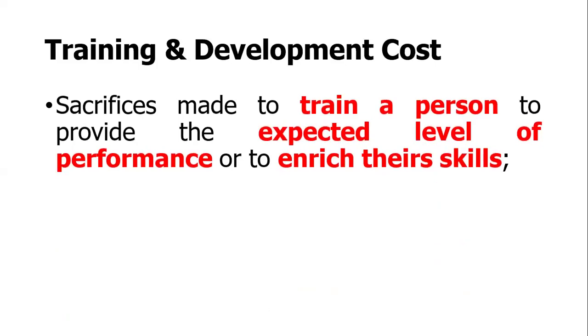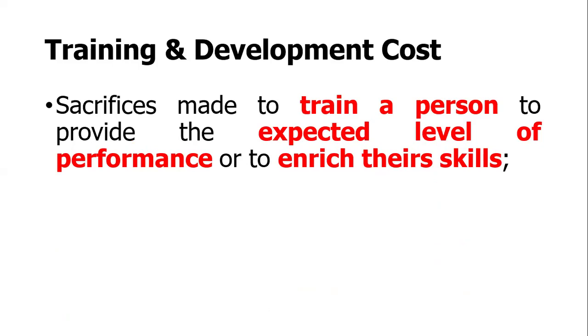Then training and development costs. Training and development costs are those costs that come by way of sacrifices, by way of expenses, in making sure that those persons that you have acquired are sufficiently trained and provided with the required skills to operate at a particular expected level of performance.